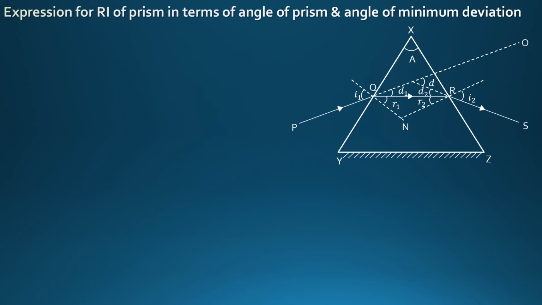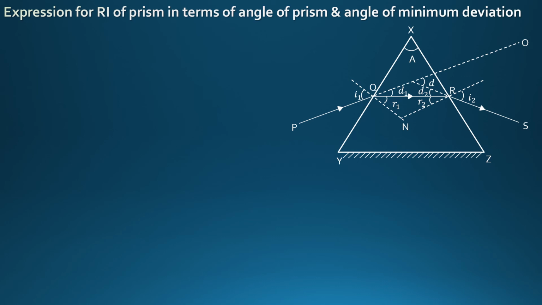As you can see in the figure, let i1 and r1 be the angle of incidence and angle of refraction respectively at the surface XY. Let r2 and i2 be the angle of incidence and angle of emergence respectively at the surface XZ.